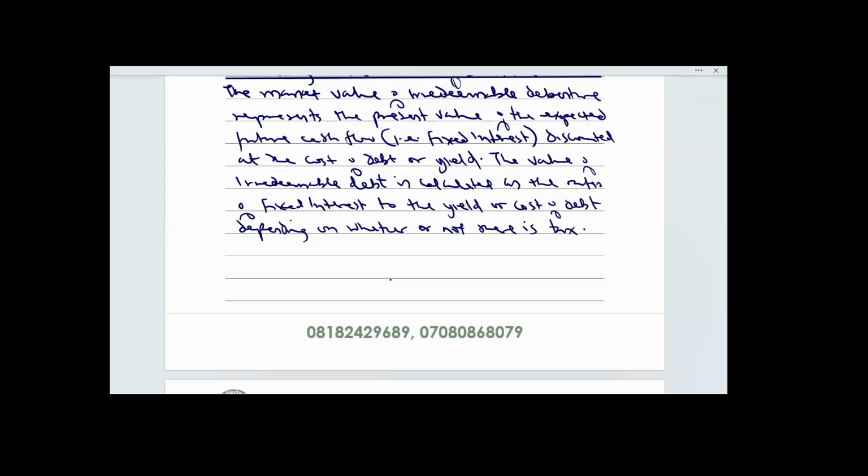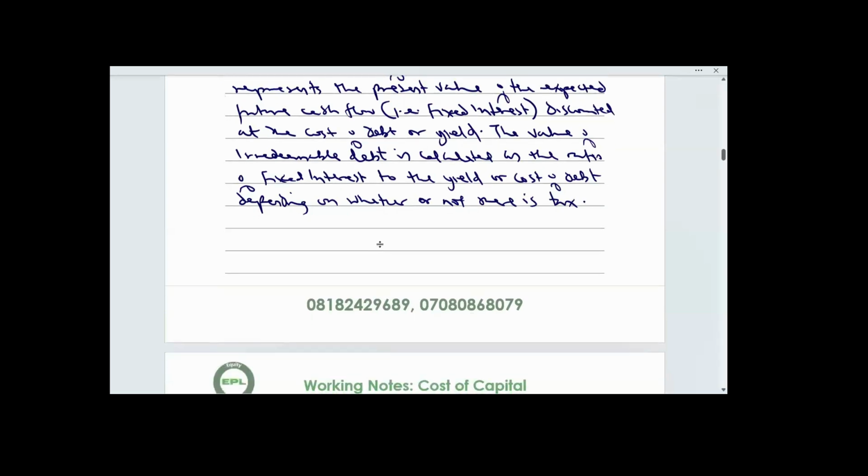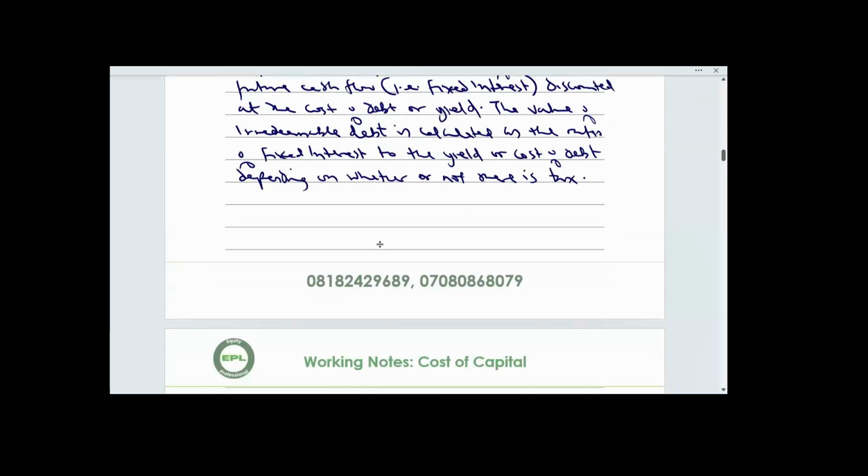All right. So this is how to calculate the market value of irredeemable debt.